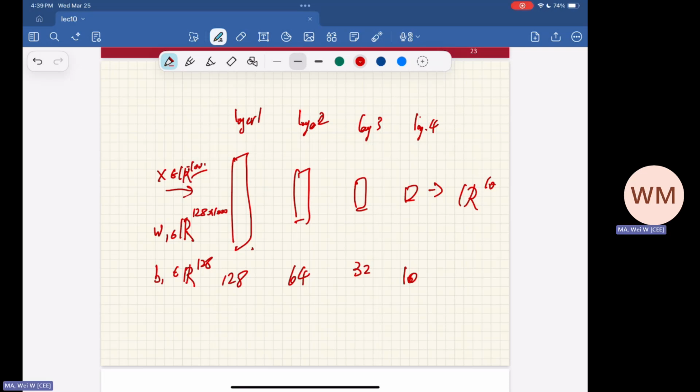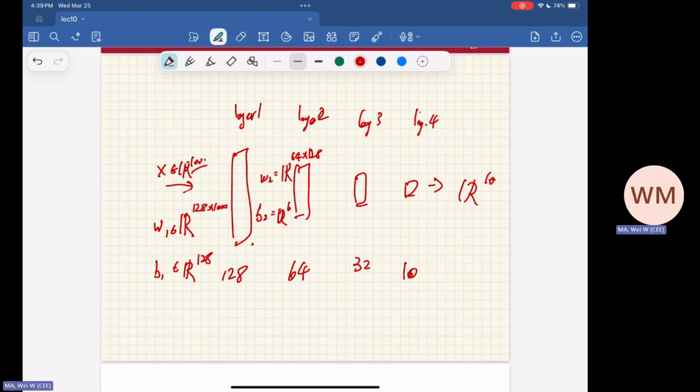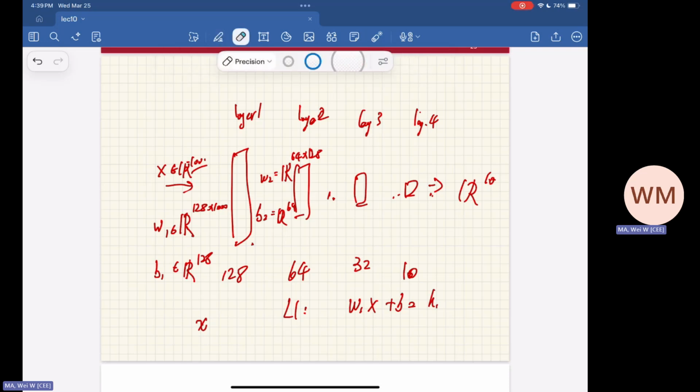Then from 128 to 64, you have W2, which is 64 times 128, and B2 is 64. Then you can calculate the matrices. Given an X, in layer 1 you are doing W1 times X plus B1, and you get A1, usually they use A.